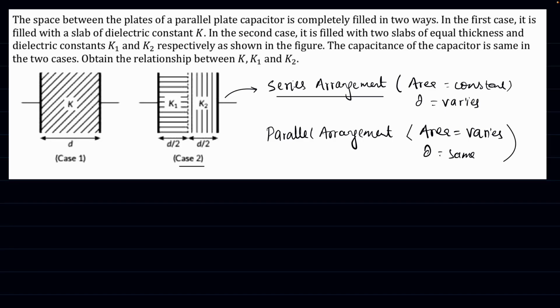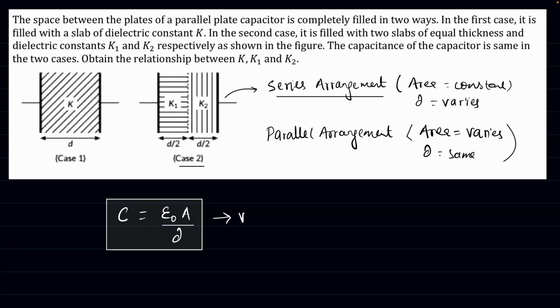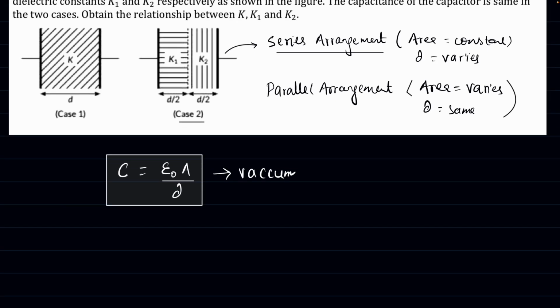So now, if we write the capacitance formula, we know that C is equal to epsilon naught A by d, and this is used when the medium is vacuum. Now, if we are using a medium where the dielectric constant is K, then C dash is equal to K into epsilon naught A by d.